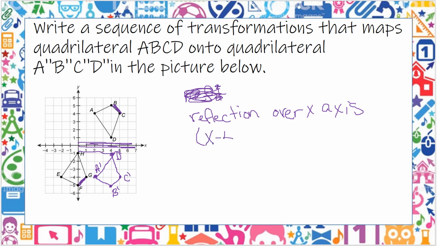So we're going to X minus 4, Y. Okay, so if you wanted to write it as a transformation, you could do that just by saying X minus 4 and then negative Y.